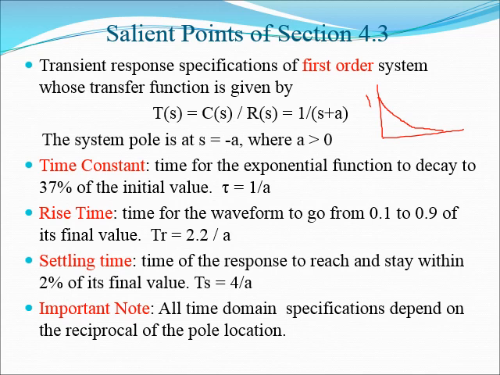So when the response is 0.37 of the initial value, this time is called the time constant of the system.